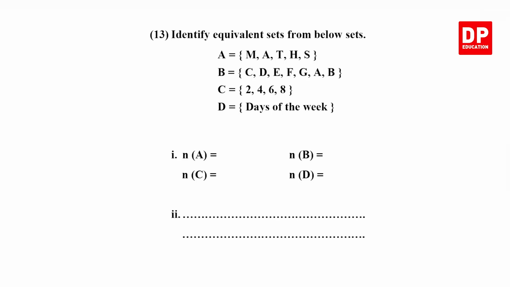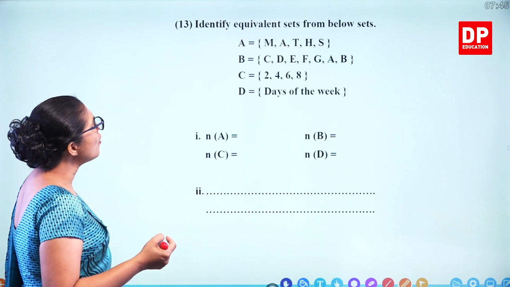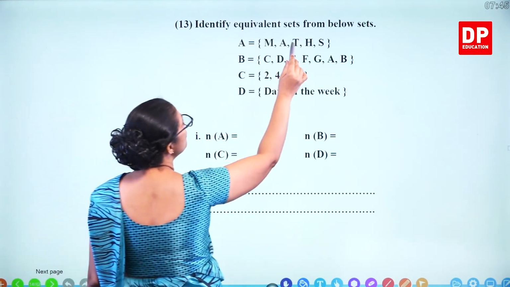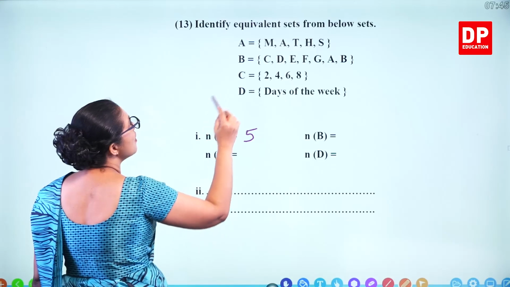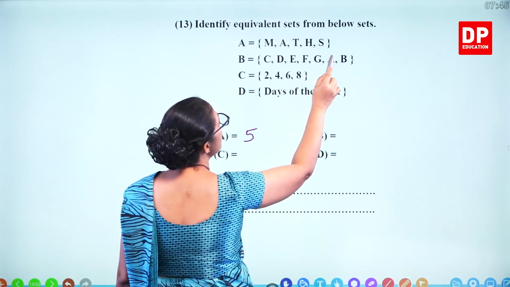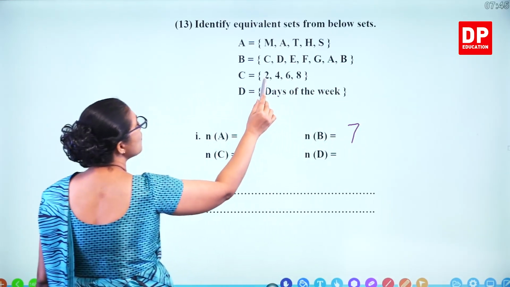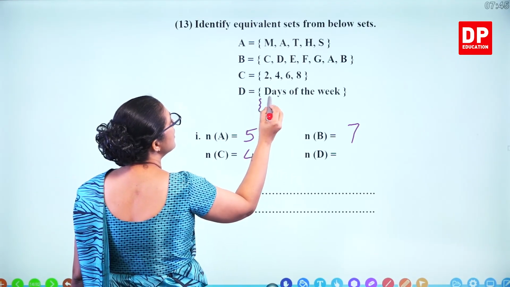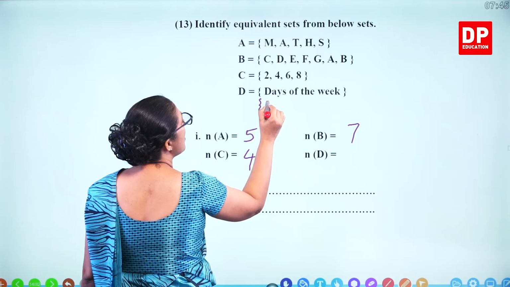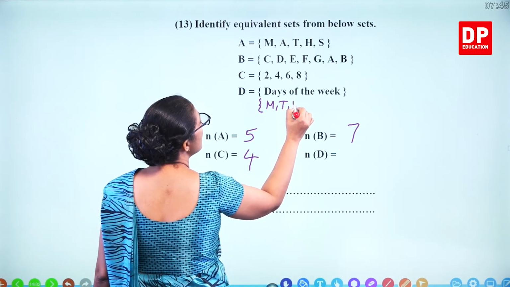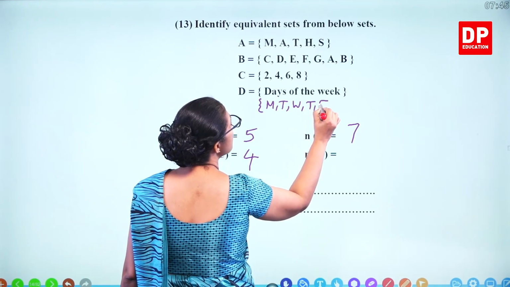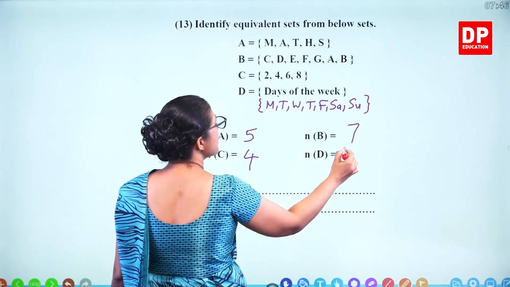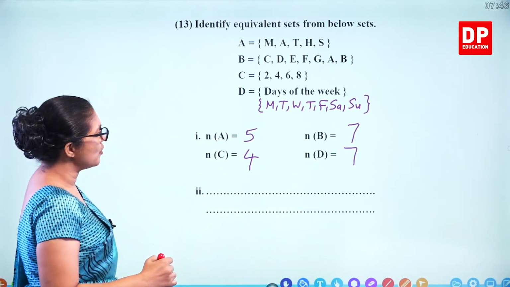Identify equivalent sets from below sets. So we'll count how many elements are there. Maths. 1, 2, 3, 4, 5. 1, 2, 3, 4, 5, 6, 7. 1, 2, 3, 4. And days of the week. How many days? Monday, Tuesday, Wednesday, Thursday, Friday, Saturday, Sunday. So 7 days are there. Now what can you say?